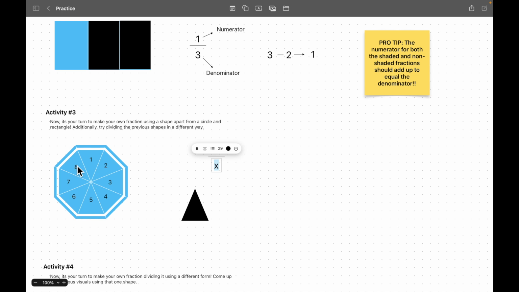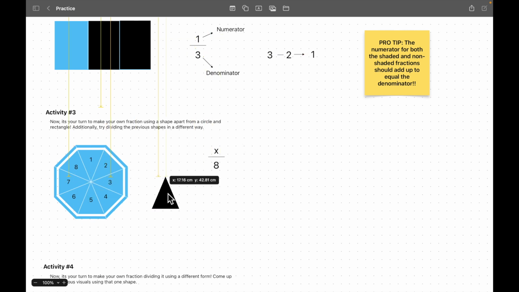But knowing that there are 8 parts in this octagon, what are we going to put here? There is a total of 8 parts in this octagon, so we put 8. We haven't started shading the triangles yet, because the numerator represents the shaded parts of this shape.